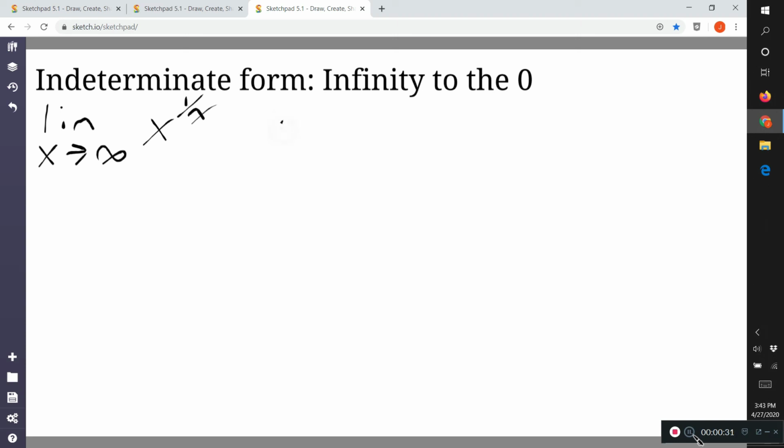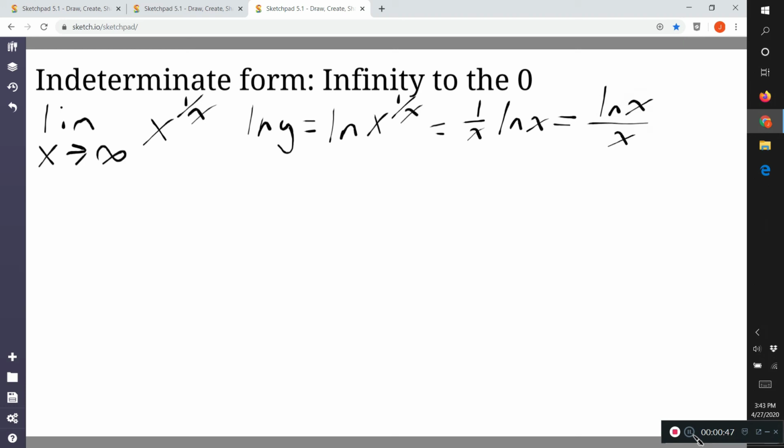So we're going to use our trick. y equals x to the 1 over x, so the natural log of y equals the natural log of x to the 1 over x. So when we move this 1 over x in front, it easily makes a fraction. So we're going to do the limit as x goes to infinity of ln x over x.